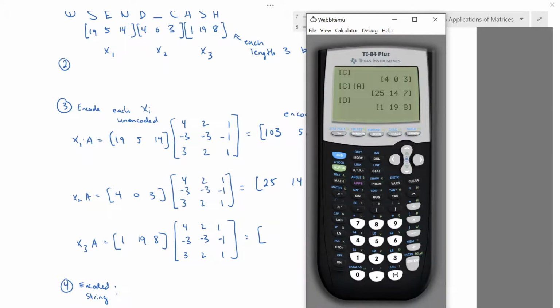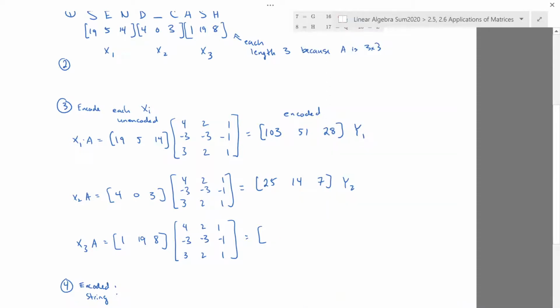Now I do the multiplication. D on the left and A on the right. So that gives me the matrix negative 29, negative 39, and negative 10. So this is my y3.